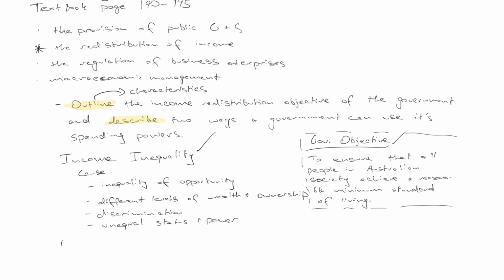So number 1, I'll just put spending powers here. Spending powers, or direct transfer payment. So we've got direct transfer payment, and then indirect transfer payments, which is like education. So direct transfer is direct income support.